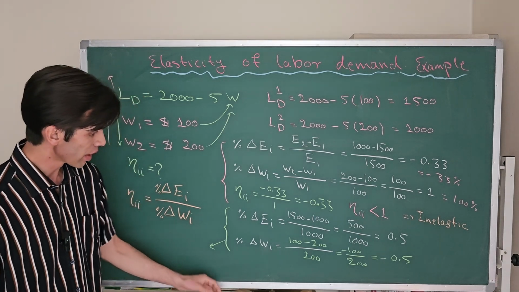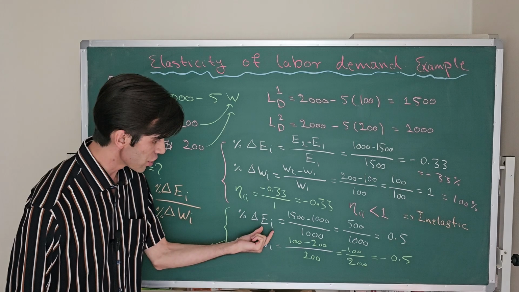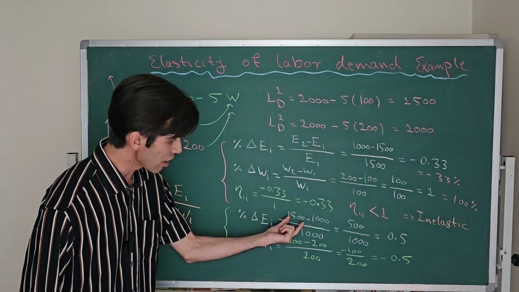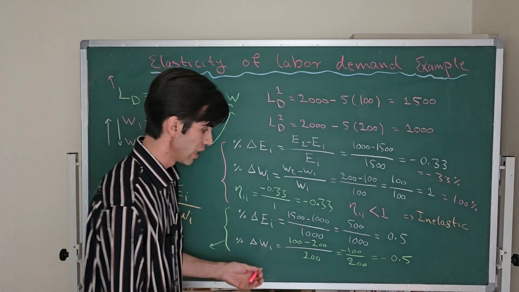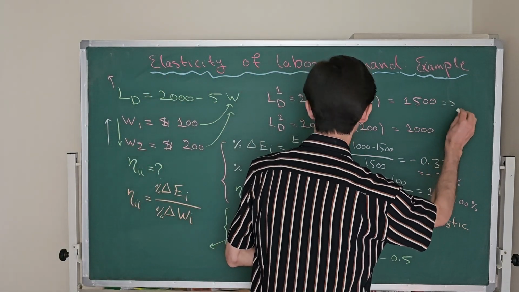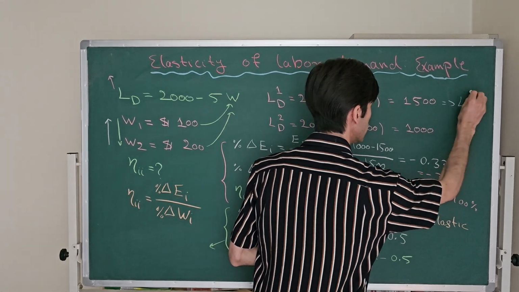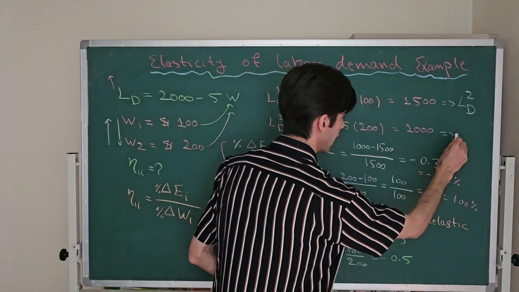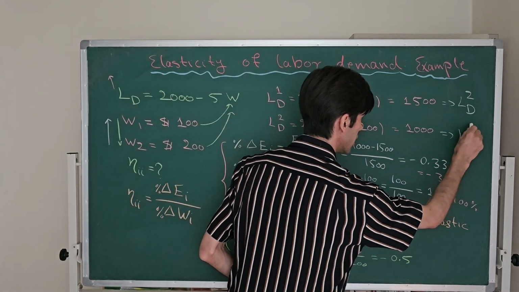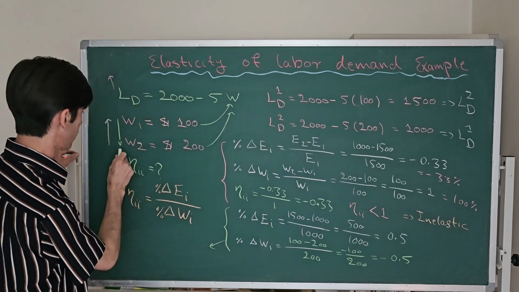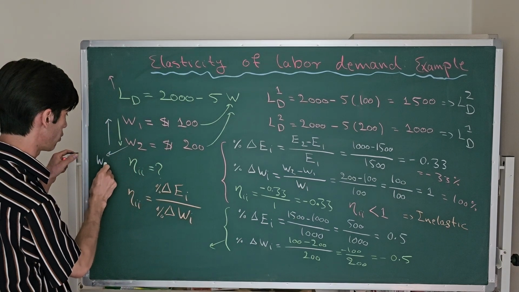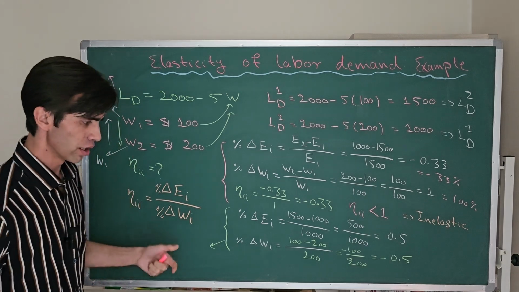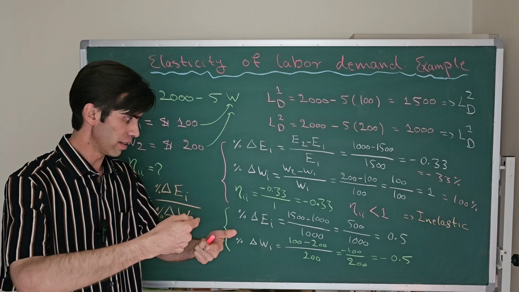In this case, the percentage change in employment level will be equal to 1,500, which is LD2, minus 1,000, which is LD1. Because now W2 is our initial wage rate and W1 is our new wage rate. So everything will be reversed.